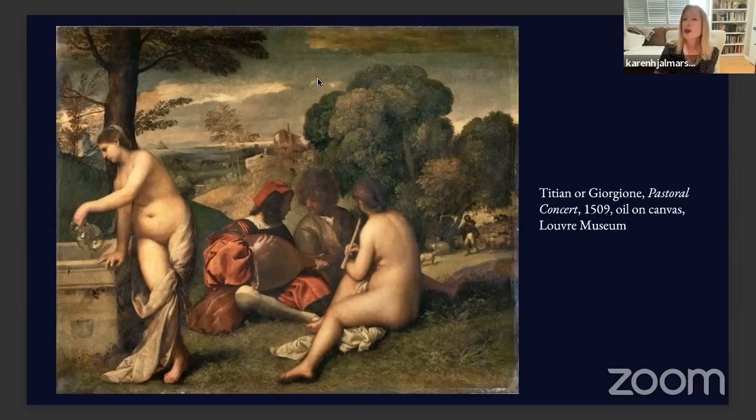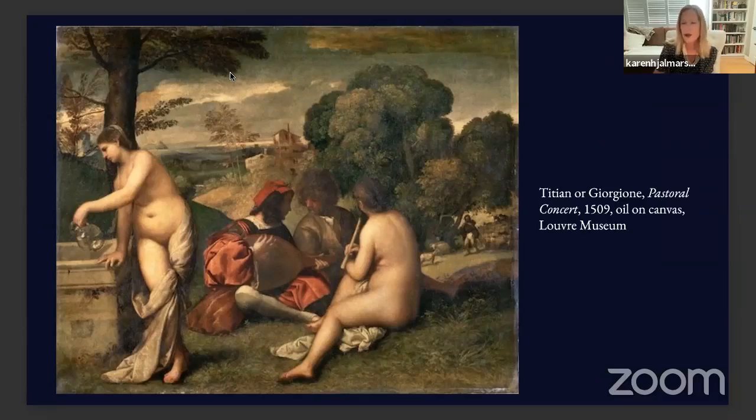Others say, no, this is about the 4 elements: fire, water, air, etc. Could be about the beauty of cultural poetry, music, art. However, regardless of the mystery, you can see the skill, not only the figurative elements, and you can see that later on, many artists were inspired by Titian.